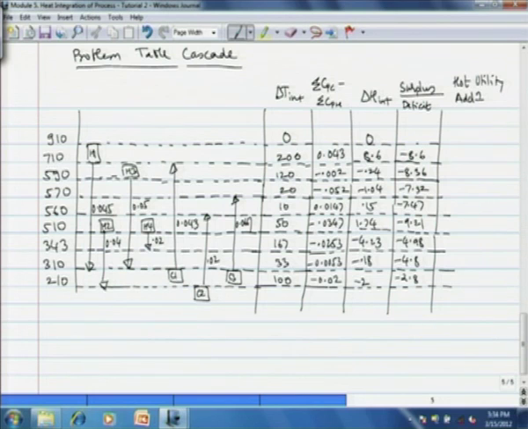And then we see that the maximum negative delta H, or maximum deficit, occurs in the interval of 560 to 510 as minus 9.21 megawatt, and we add that much hot utility and then everything balances off.